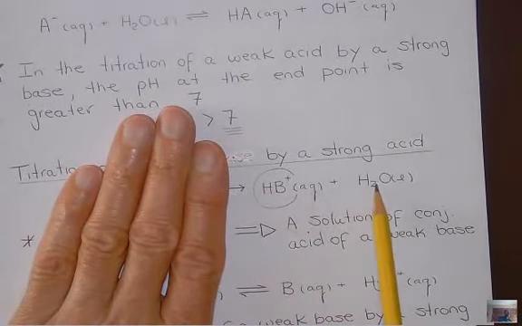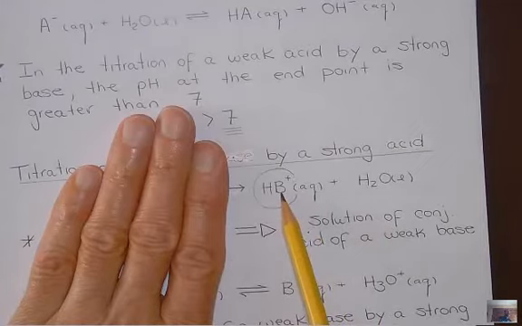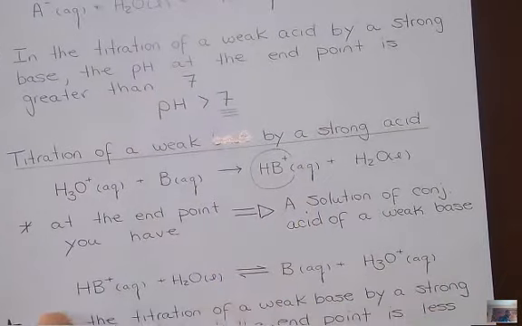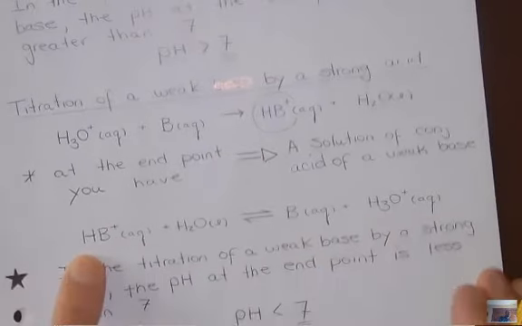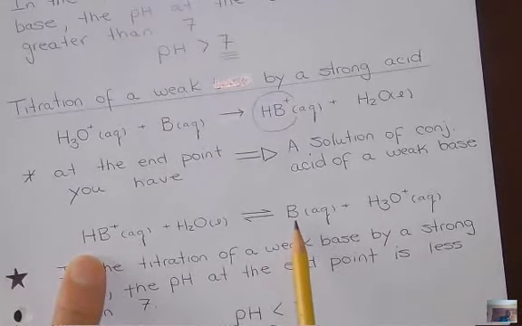Well, water doesn't change the pH. But what about HB+? HB+ is the conjugate acid of B, so it is a little bit acidic. It can react with water to make the base back and a little bit of hydronium. This is the hydrolysis reaction.